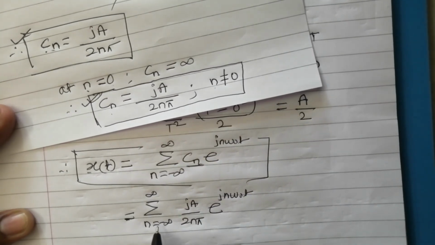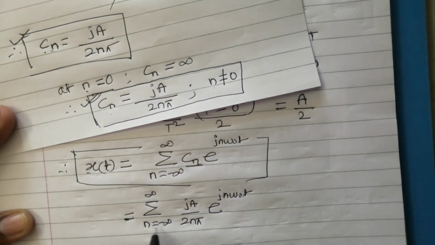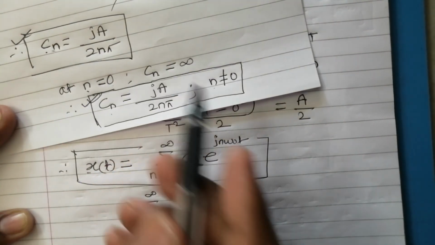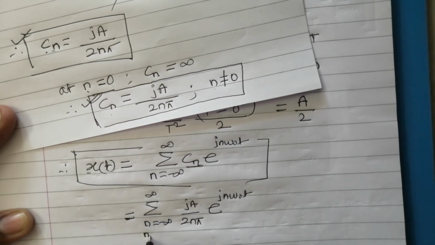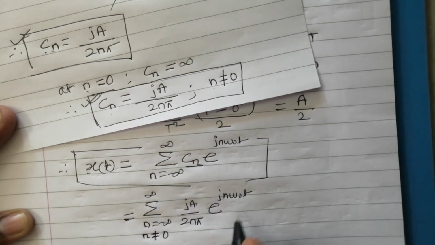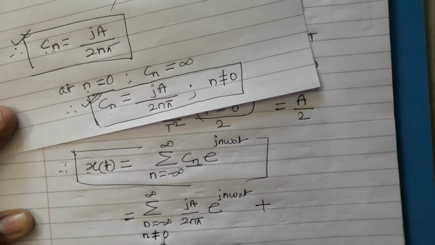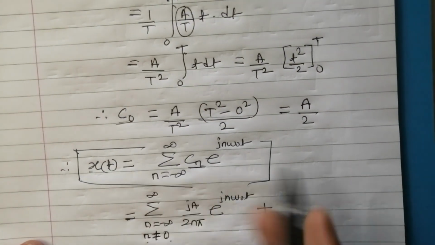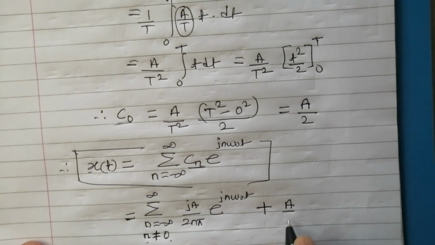But keep one thing in your mind, that this limit is from minus infinity to infinity, so it is including n equals 0 also. But we know that at n equals 0, this Cn is infinity. So we will write here also n not equal to 0, to clearly specify in this expression that it holds for all values except 0. So what is at n equals 0? At n equals 0, we have already calculated this c naught, so plus A by 2 we have to write.